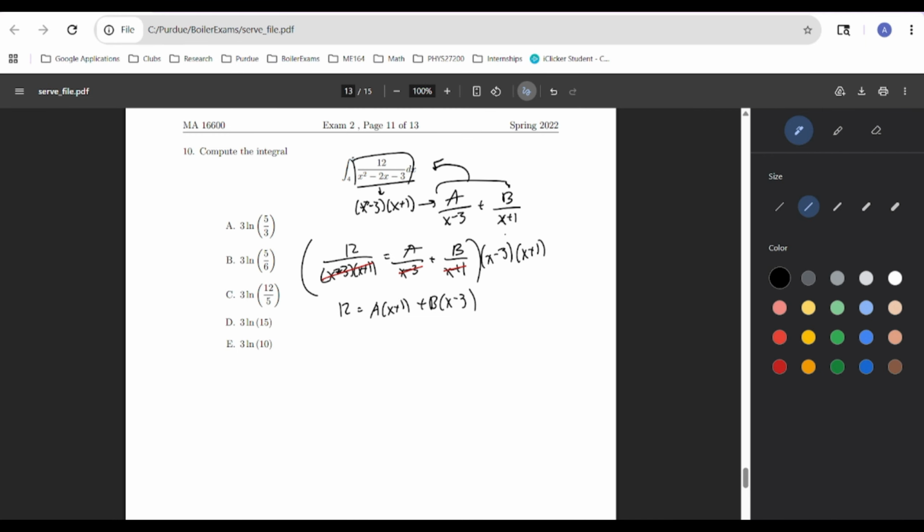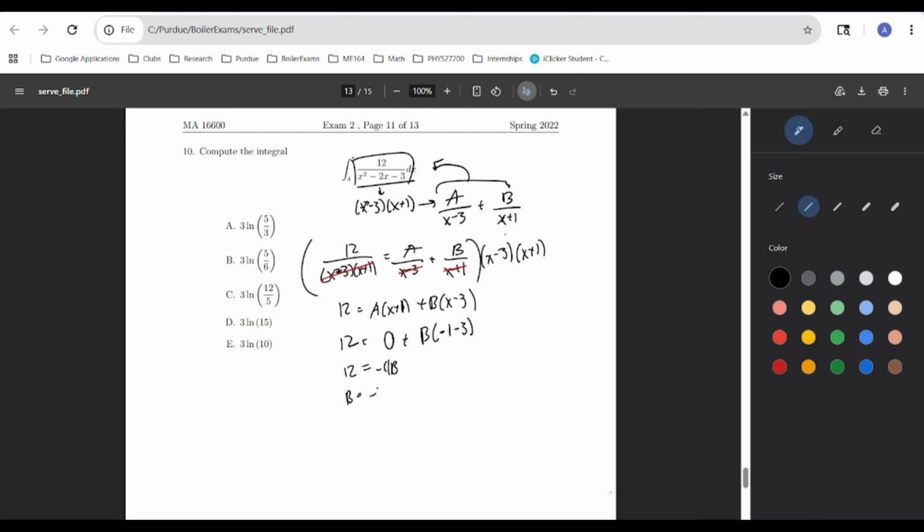Now the way we do this is we can say, okay, I can get rid of A or I can get rid of B if I plug in the right values of x. So if I plug in x equals -1, A becomes 0, but then B becomes multiplied by -1 minus 3. That would be -4B is equal to 12.